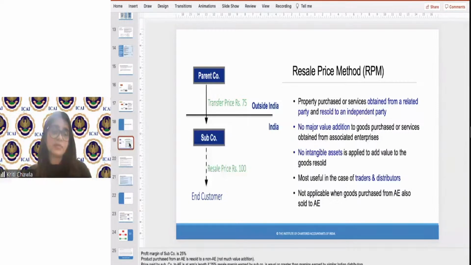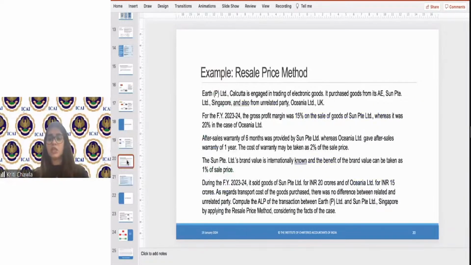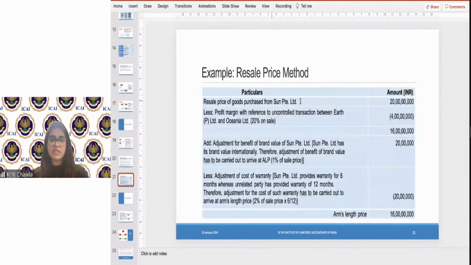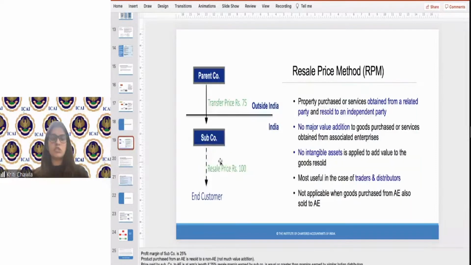So in this particular example, we had the resale price and we need to minus the profit margin. So here also, we have the resale price 100, minus we need to deduct the arm's length margin, and then we'll come up to the correct price.